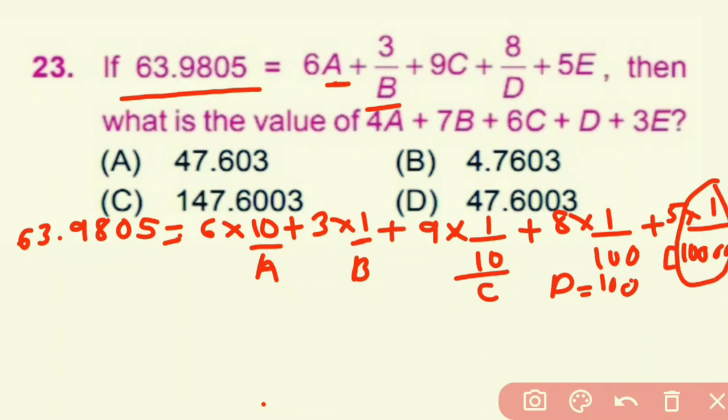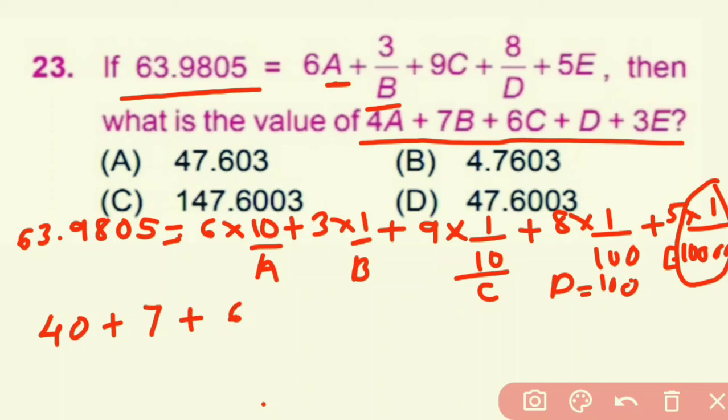So we put this A, B, C, D in this equation. 4A means 4 into 10, so 40, plus 7B means 7 into 1 means 7, plus 6C means 6 by 10, plus D is 100, and 3E, 3 into 1 by 10,000 means 3 by 10,000.